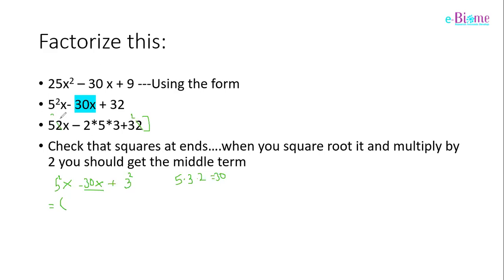So we realize in maths that this can really be written as this, okay? And then we realize that this is the square root of 9 and the square root of 25, so that's 5 times 3.